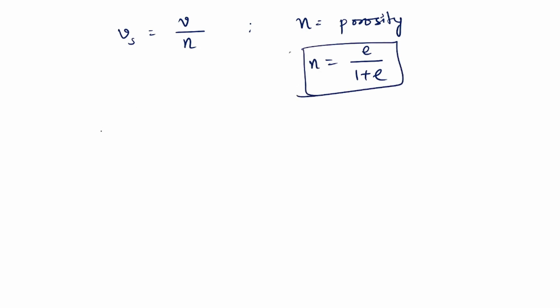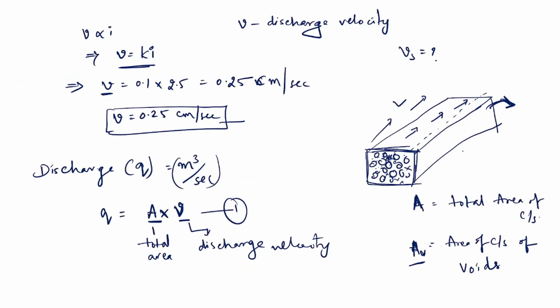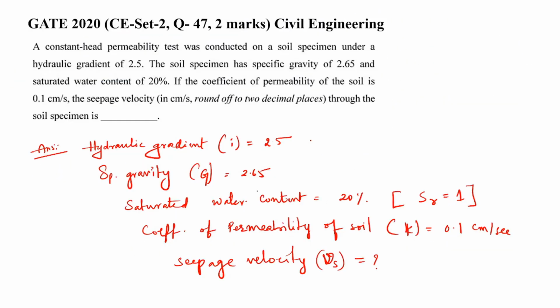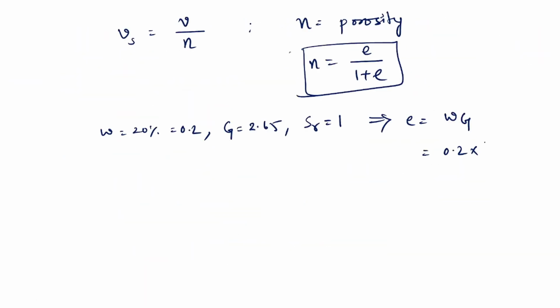We know w is 20%, it's 0.2, and G is 2.65, Sr equal to 1. This implies e is wG, 0.2 multiplied by 2.65. How much?